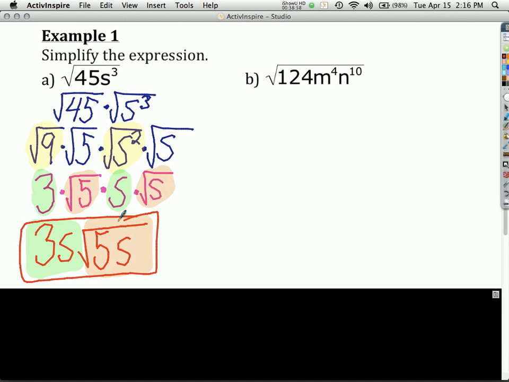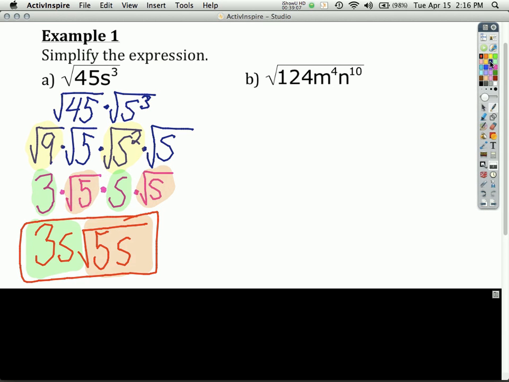Radical 124, m to the 4th, n to the 10th. So again, I want to do the same thing I did over here. Now, as I get better and better at this, I'm going to start eliminating steps because there's lots that you can do mentally.